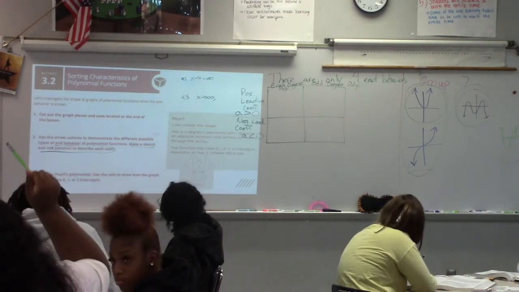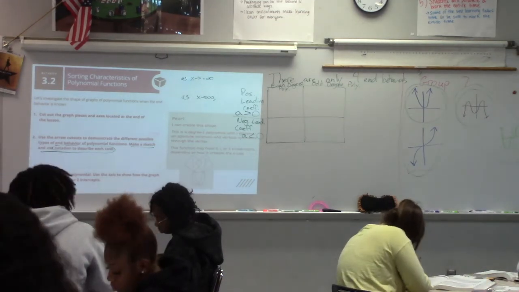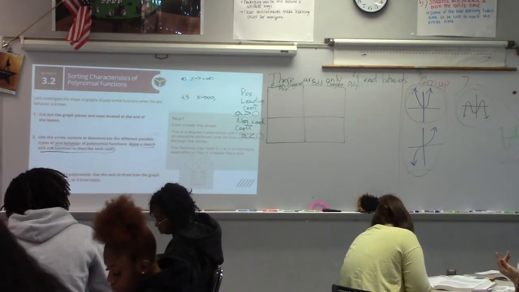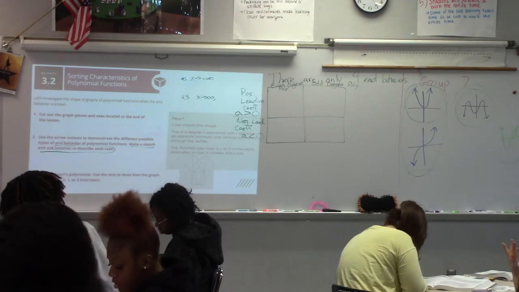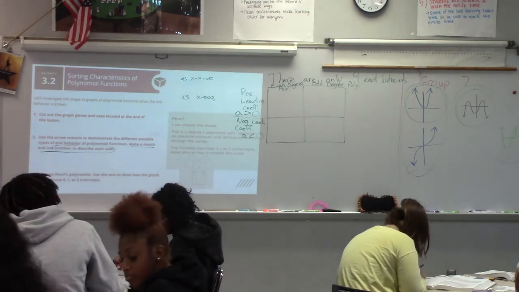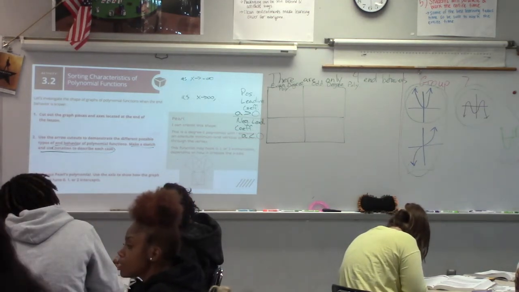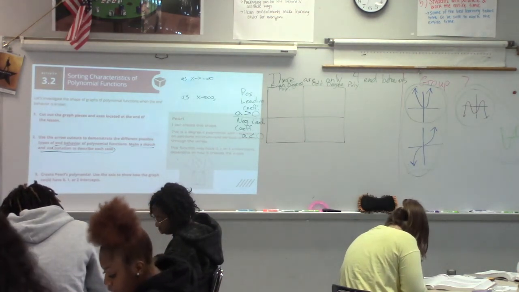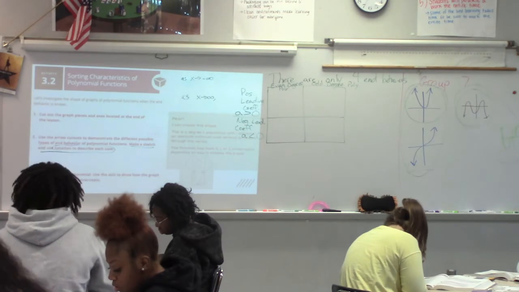Think about it. Remember, if it's even, the end behavior is in the which directions? The same. So even. And if it's odd, the end behavior is in opposite directions, like negative down, positive up.